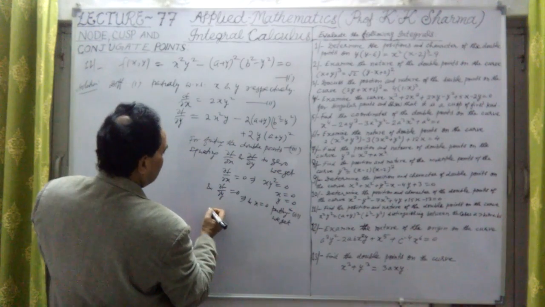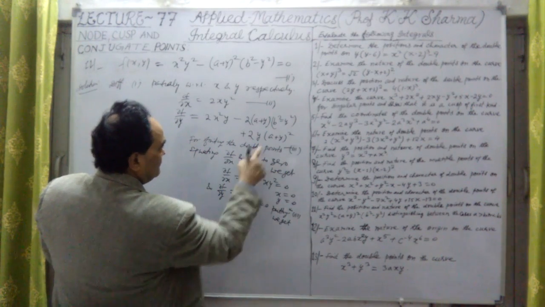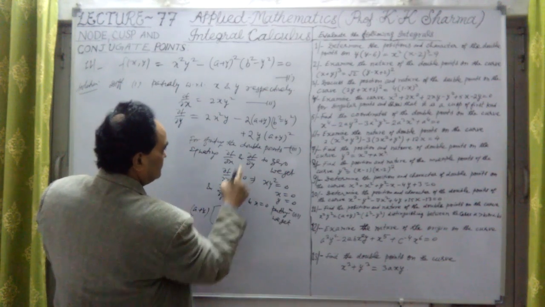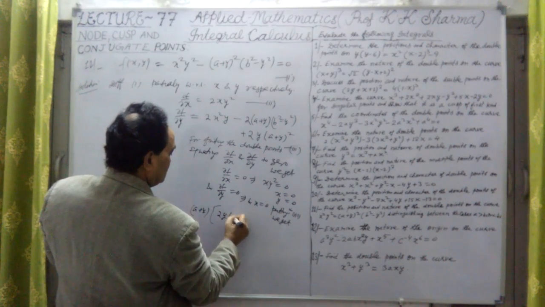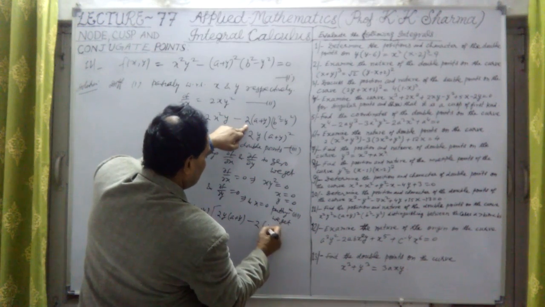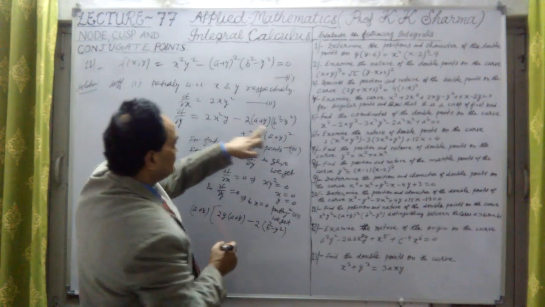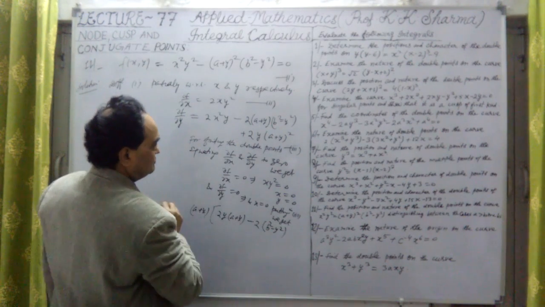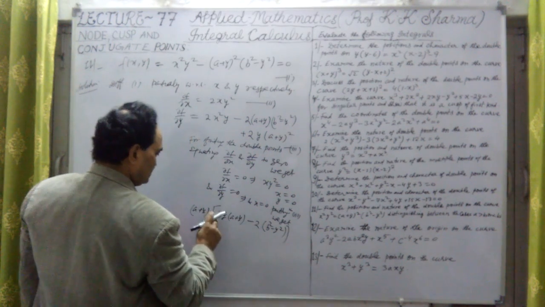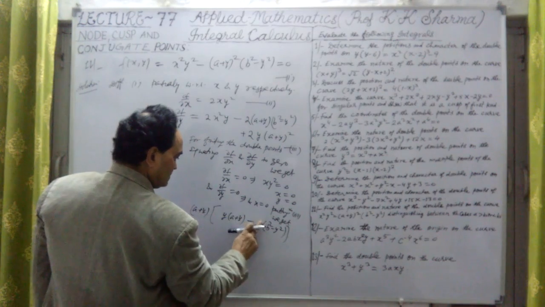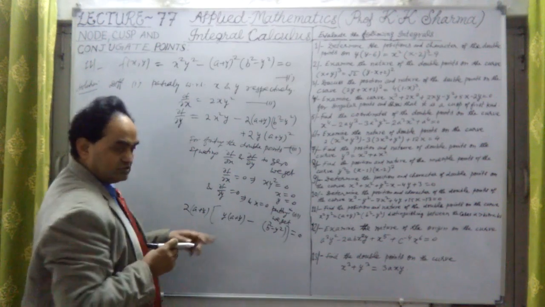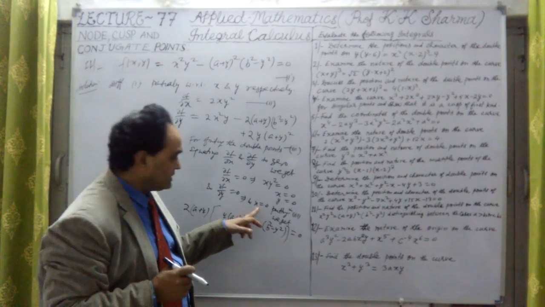That means if I take a plus y common, we will get twice y within the bracket a plus y, minus sign, so twice into b square minus y square, because a plus y is taken common, twice a plus y, so b square minus, and 2 also we can take common, equal to 0. This is from del f by del y equal to 0 and x equal to 0.